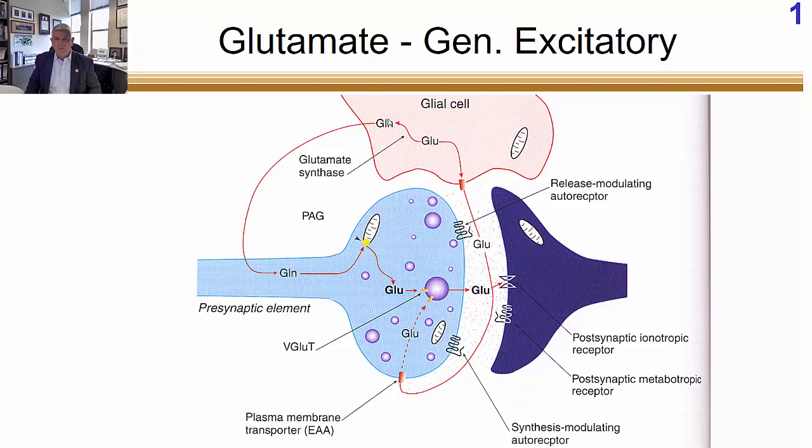And so here is glutamine, GLN, which is synthesized in the glial cell and then transported to the axon terminal, where another enzyme modifies glutamine into glutamate, and then glutamate can be released.